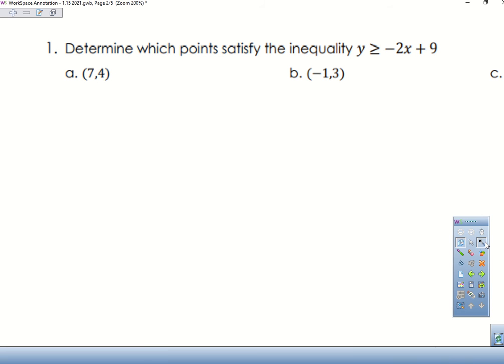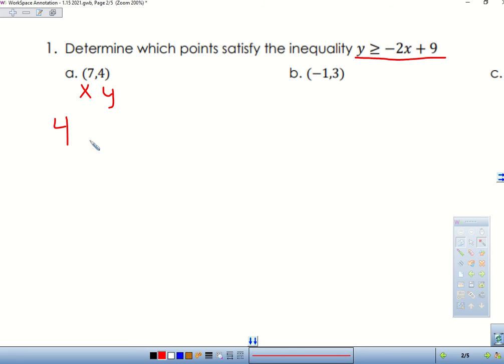an inequality. So to do this, you're basically just going to take your inequality and plug in the x and y value that was given to you. So I'm going to take this and plug in x and y. That's going to give me 4 is greater than or equal to negative 2 times x, which is 7 in this case, plus 9.